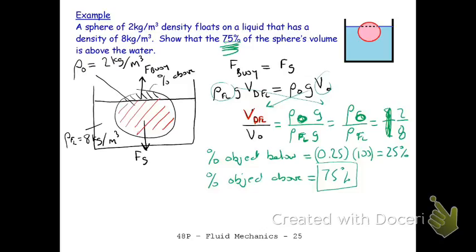Now, can you see, we've done no notes to prepare us for this, apart from that force equals that force. And I don't think anybody can see their way through this the first time. But what they do is, they have faith. They say, the only thing I know is the buoyant force equals the weight, so let's write that down. And then they go, oh, this has density and it has volume.